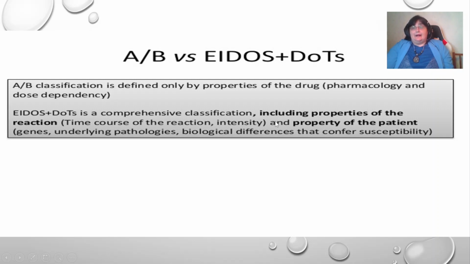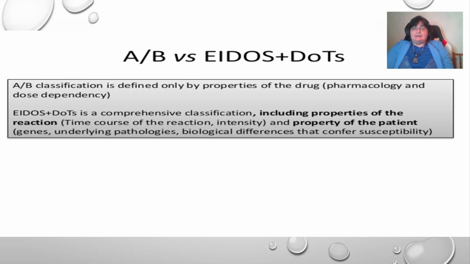When we compare this classification, you see that AB compared to EIDOS plus DOTS, we will have a full picture, and we will see what types of drug reaction can happen and how to classify them, taking into account some definite factors.